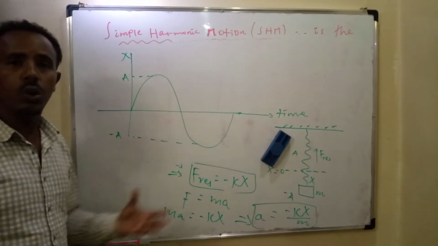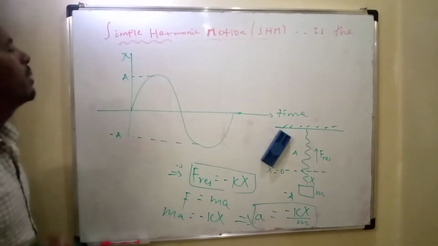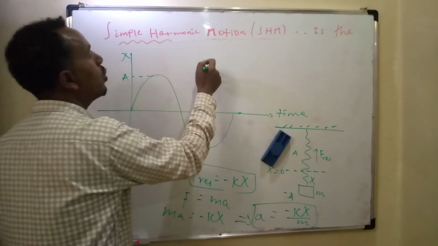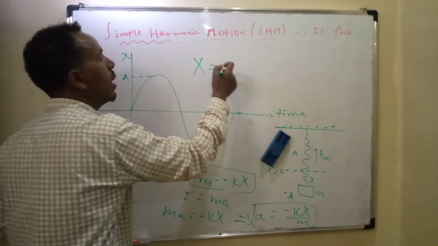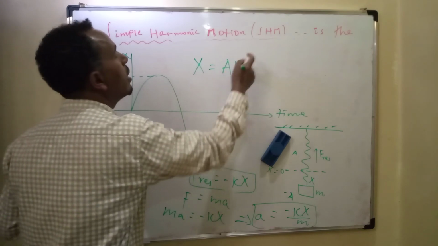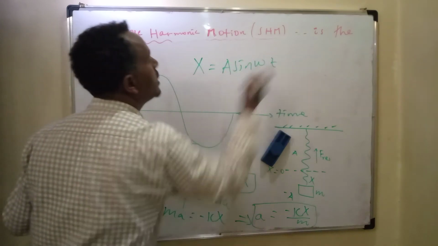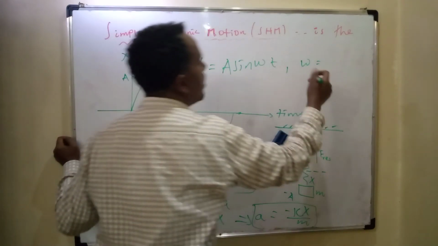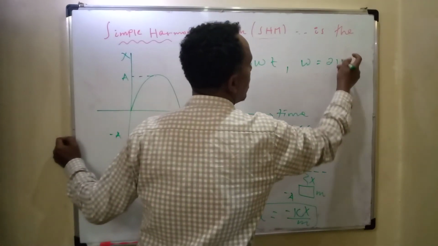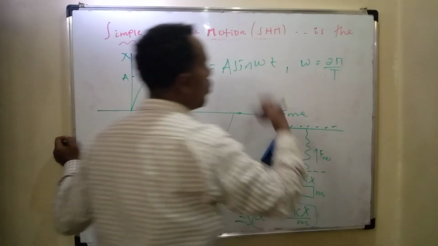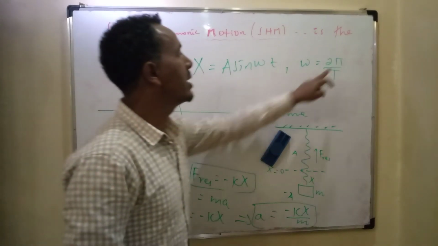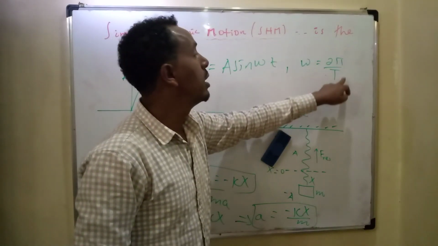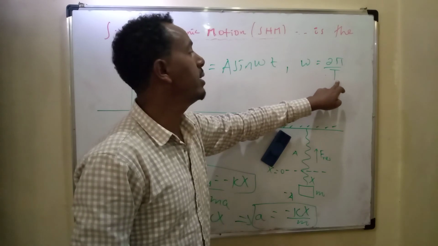Therefore, the motion of simple harmonic motion is graphically represented like this. It is sinusoidal, expressed by using a sine function or cosine function. x equals A times sine omega t, where omega equals 2 pi over period. For one cycle, the angle is 2 pi, and the time used for one cycle is the period.